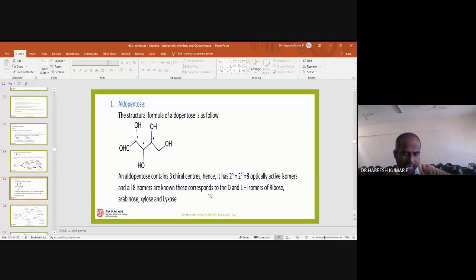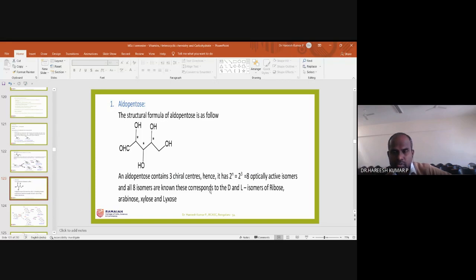In the next slide, I'm taking a tetrose and converting it into a pentose by using Kiliani-Fischer synthesis. You know that for tetroses, two types of compounds are available: one is erythro, another one is threo.